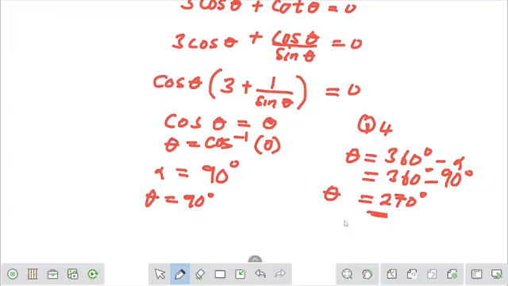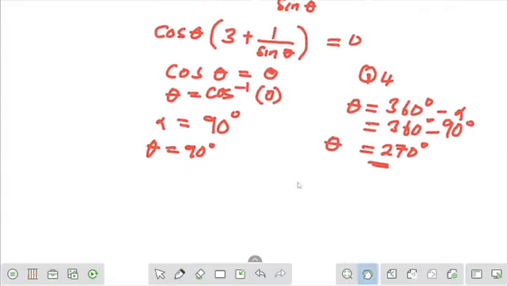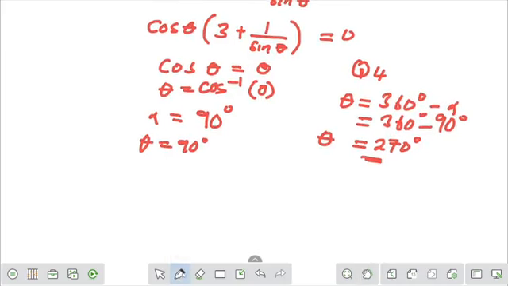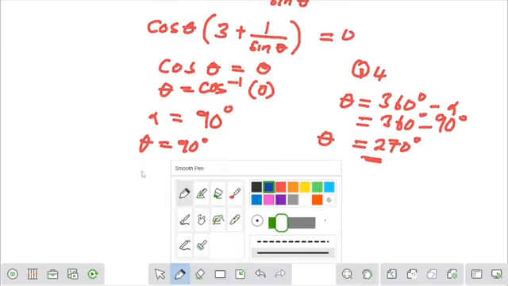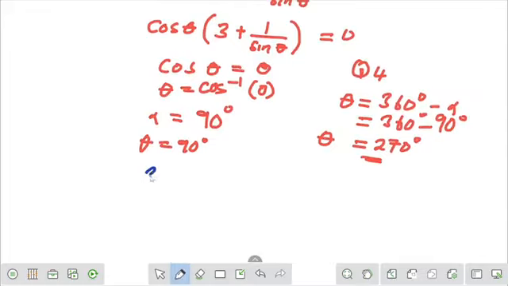So remember, we have not answered the entire question. We have not found all the angles needed for theta, because we are remaining with this 3 plus 1 over sin theta, which we should also equate to 0. So we are going to rewrite it down here: 3 plus 1 over sin theta is equal to 0.